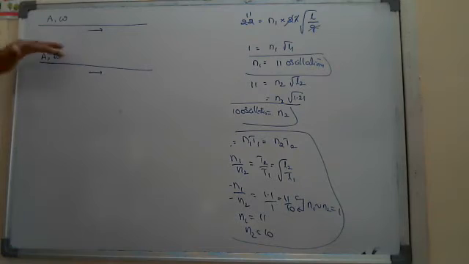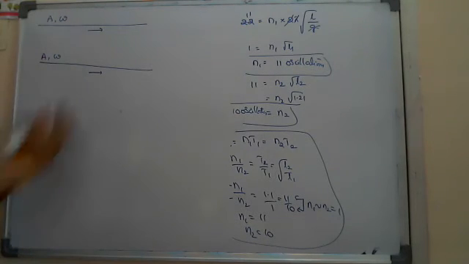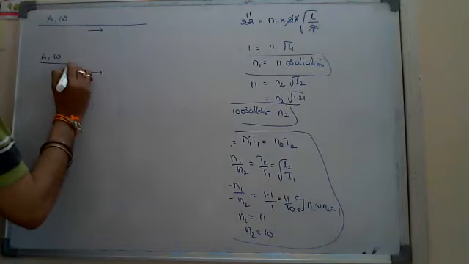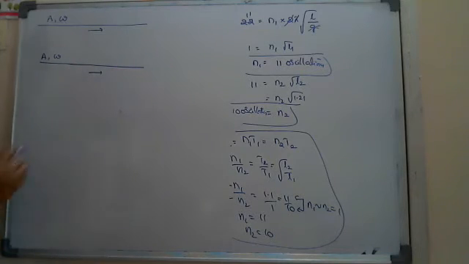So angular velocities are equal, means time periods are equal, and the frequencies of oscillations are also equal. Okay, they are oscillating. While oscillating, what will be the phase difference between the two oscillations if they ask?